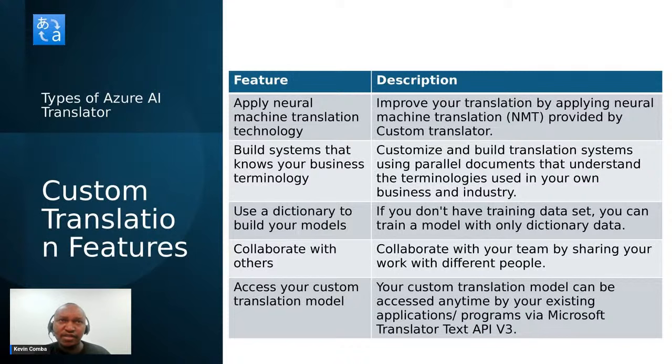So that's a good use case. You can also customize your dictionary to build your models. And yep, so you can also collaborate with others and share the work with different people. So there's a lot of use cases in terms of translations because we speak different languages all over the world.